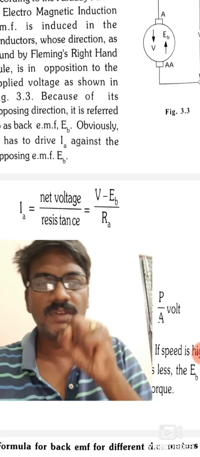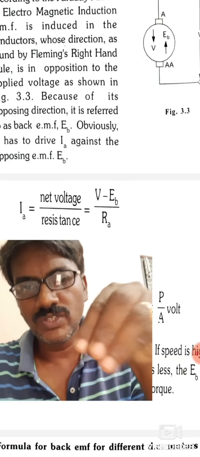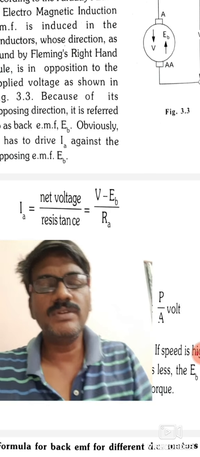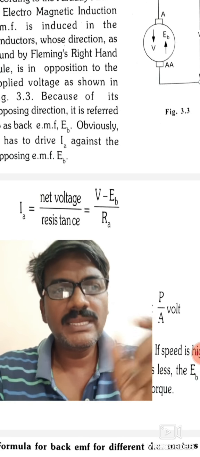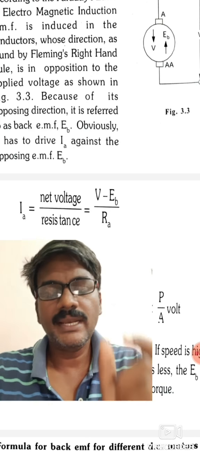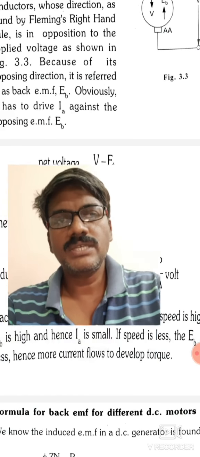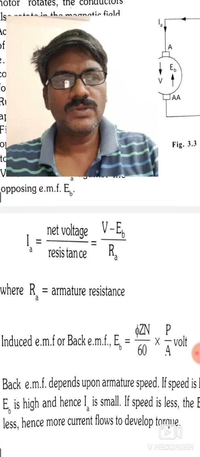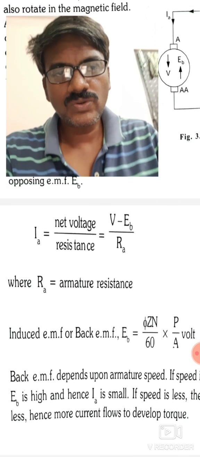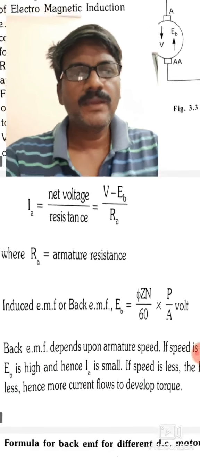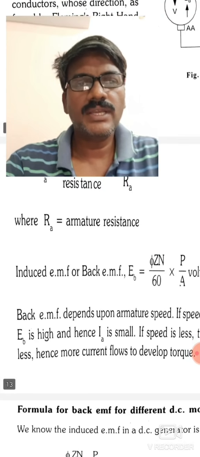The conductor cuts the flux, so EMF is induced. You have to subtract that EMF, which is opposite to the supply voltage. So V minus EB, the net voltage, by resistance RA, is known as the armature current, where RA is the armature resistance.